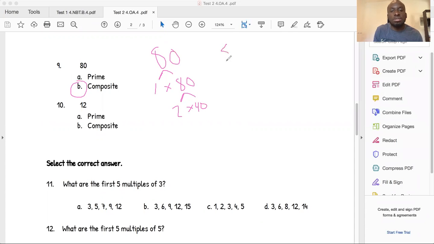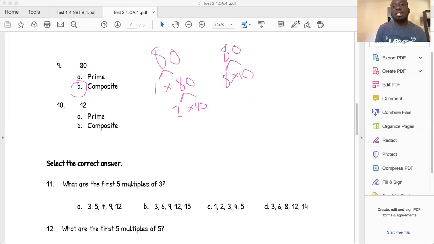I can also do the ones that students probably know the most, 8 times 10. There's 3 possible ways. If it's 3 ways, then you know it is composite. So number 9 is B.